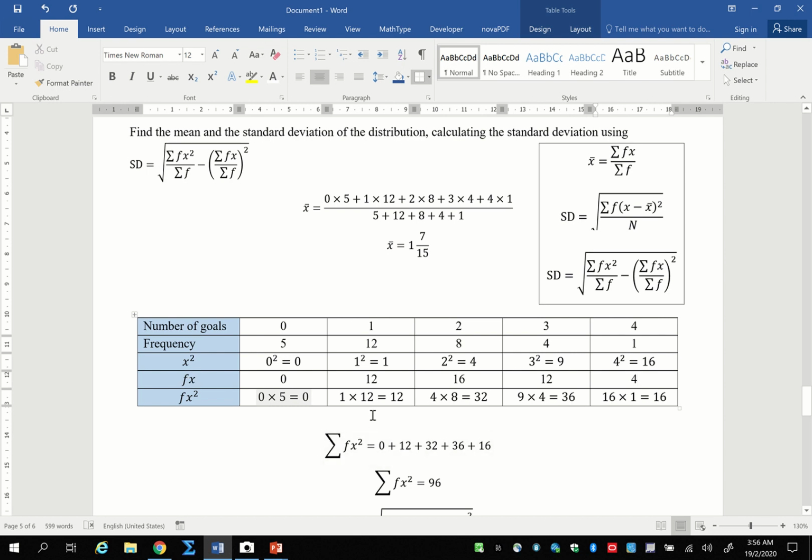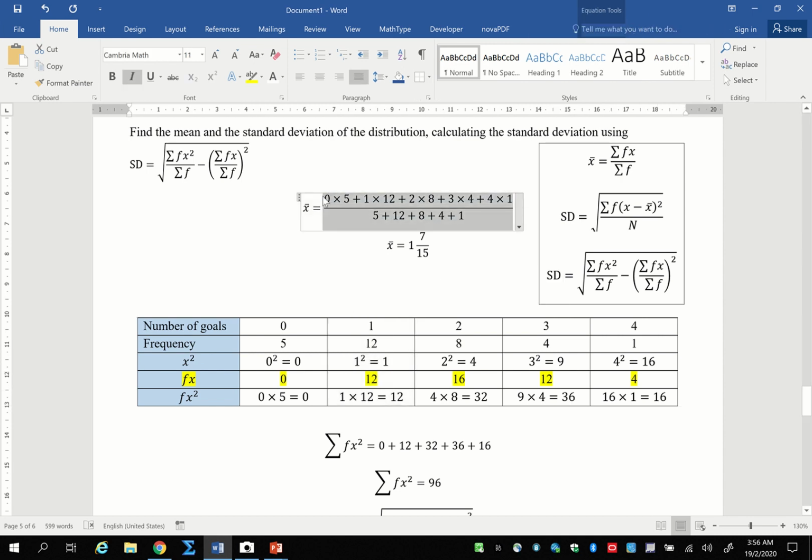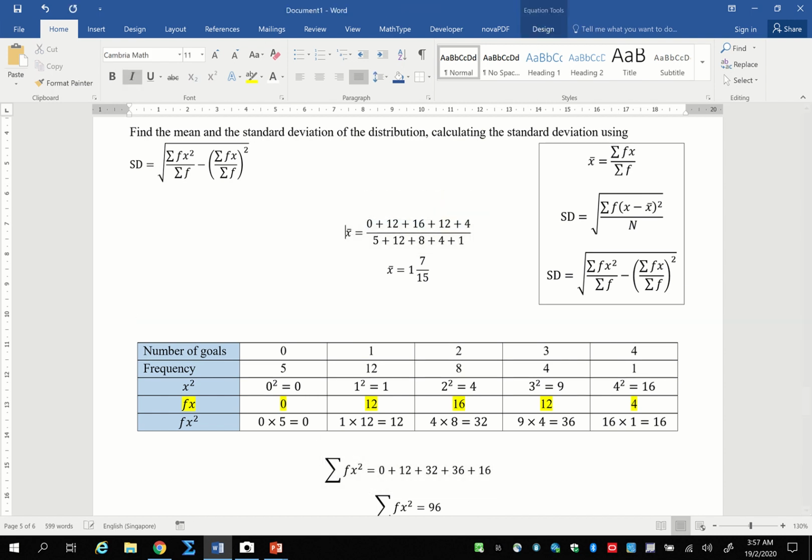The reason why I do this is because we can actually use this row itself to calculate the mean. So instead of having this, we will have 0 plus 12 plus 16 plus 12 plus 4. Or if you want to make it even nicer looking, you can present your answer as such.